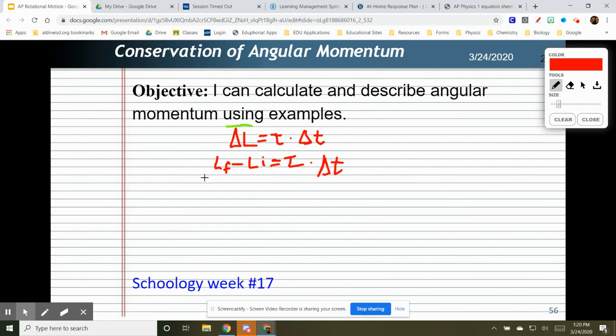So you have to say I times angular velocity final minus I times angular velocity initial equals torque times delta T.